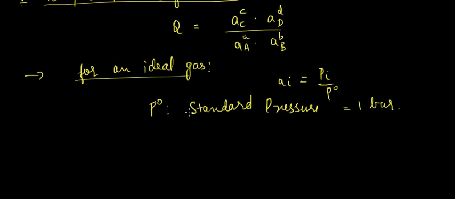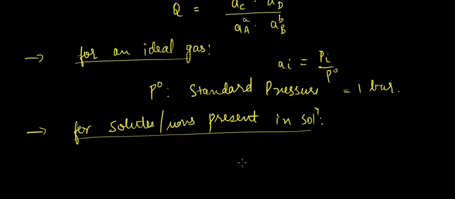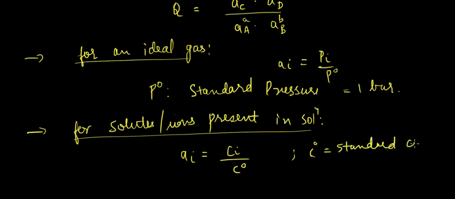Okay, and for solutes or ions present in solution, we can write that a_i would be equal to c_i upon c naught, where c naught is the standard concentration, which is equal to 1 molar.